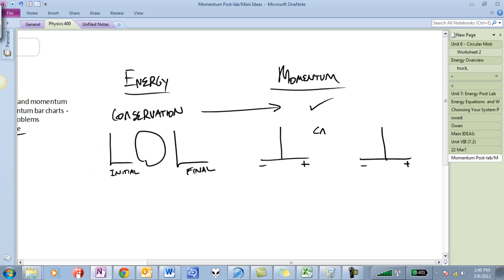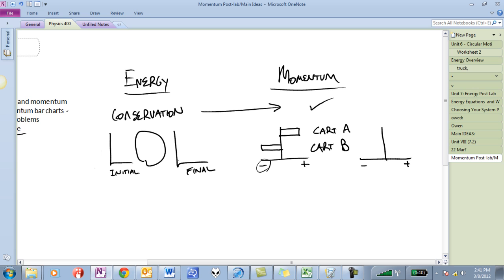So the way that we're going to represent this, let's say if we had cart A and cart B, for example, if cart A was moving to the right, it would have positive momentum because the velocity is positive, and we would represent it with a bar going to the right. If cart B was moving to the left, we would represent this with negative momentum, being negative on our momentum bar chart.